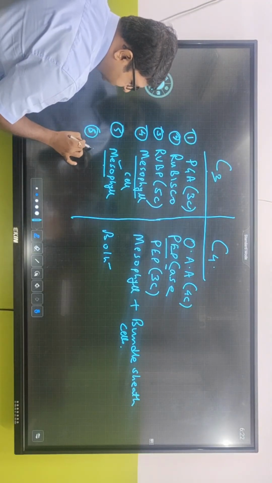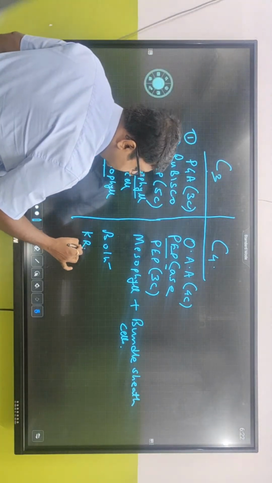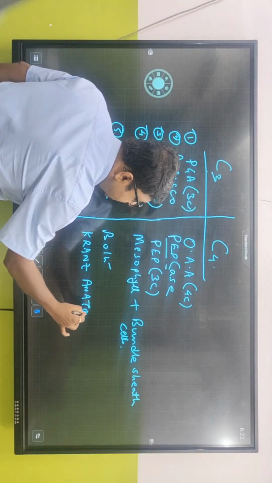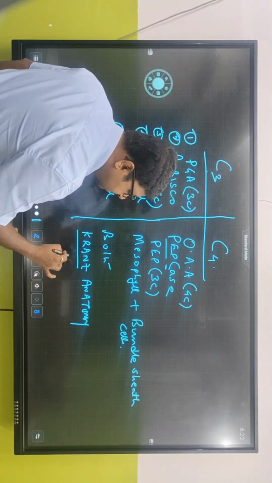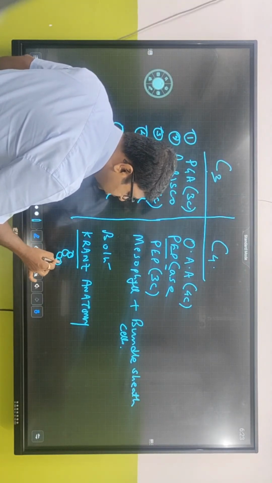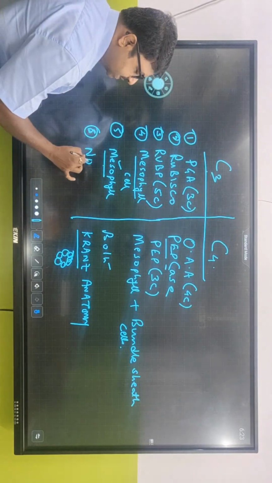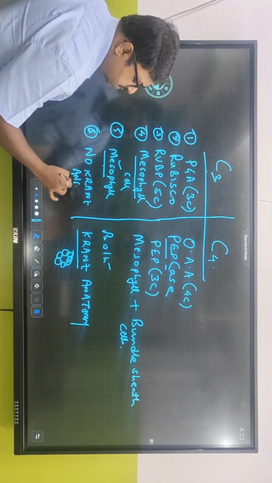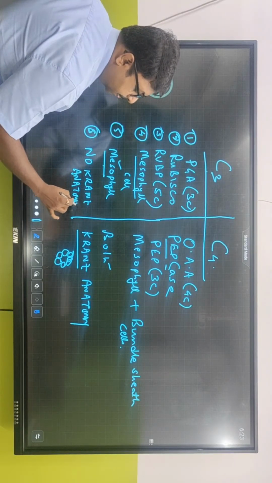Remember in C4 there is a Kranz anatomy present. What is Kranz anatomy? Kranz মানে হচ্ছে ring like, chain like. Kranz anatomy present, but in case of C3 that is absent. No Kranz anatomy. So this is the major difference, anatomy.